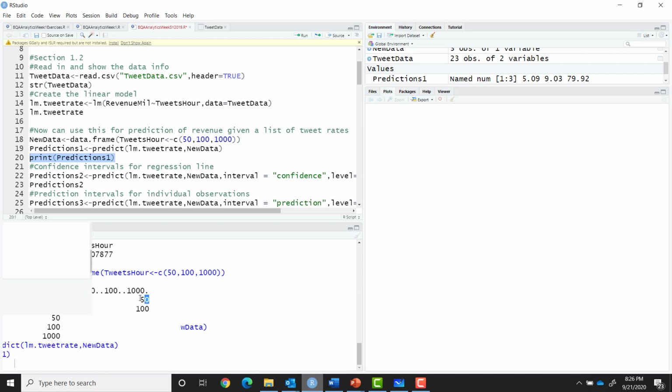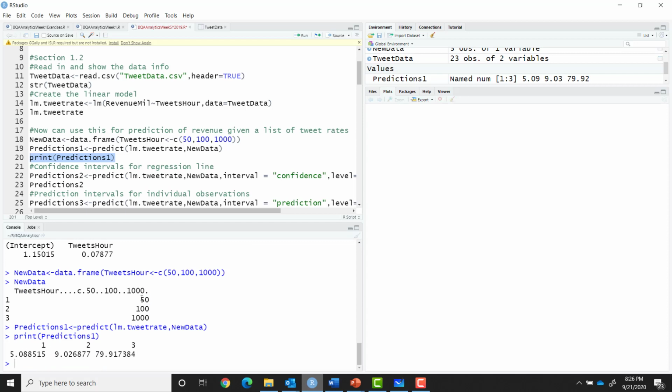For 50 tweets per hour, we've got this. For 100 tweets per hour, our predicted revenue is 9 million, but for 1,000 tweets per hour, our predicted opening weekend revenue is 80 million. So you can see this linear relationship here. As we increase the tweet rates per hour, we have much higher revenue.